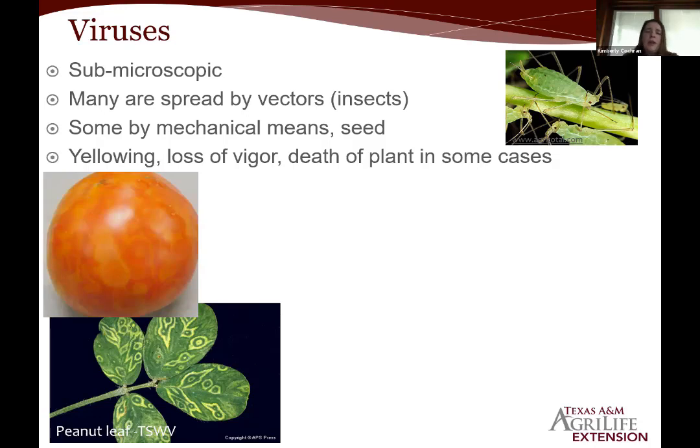But I also want to point out one thing that people are always confused by every year, and that's how viruses are named. It might seem odd that we have tomato spotted wilt virus on a peanut plant, but it's actually not a typo, and it's not a mistake.